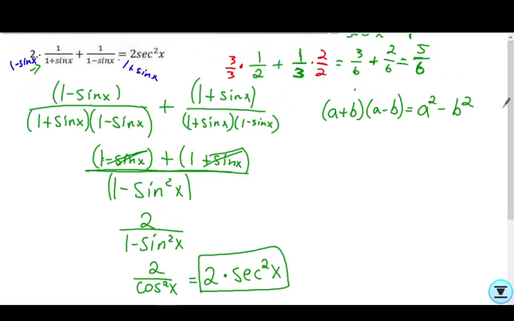And now my left side equals my right side. Now, there are other ways of doing this problem without doing the conjugates, but they're definitely much more difficult. This is the fastest and most straightforward way. This is the way I would suggest doing it.